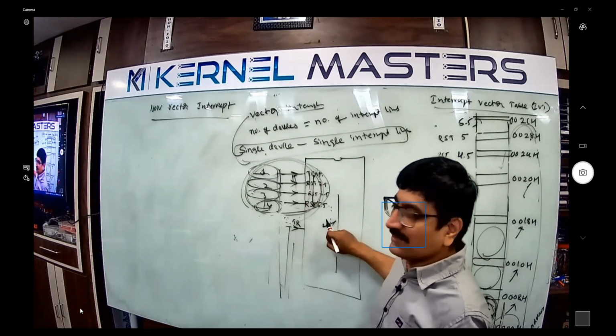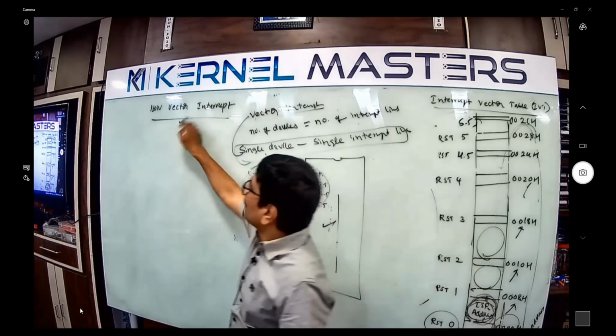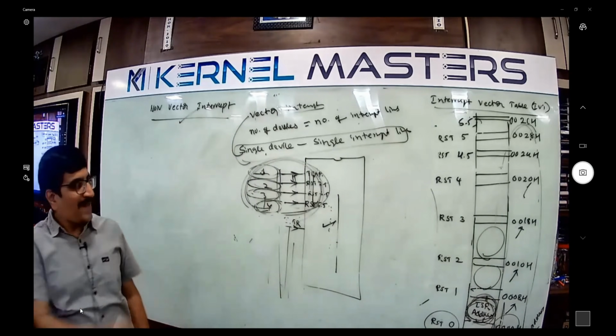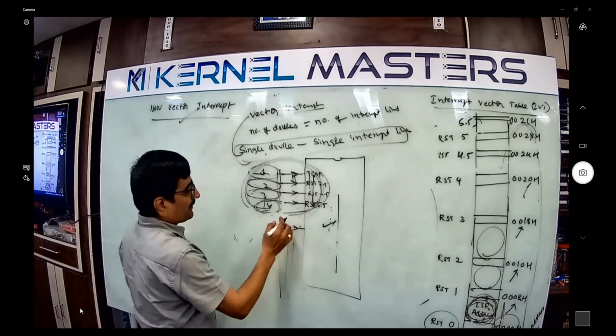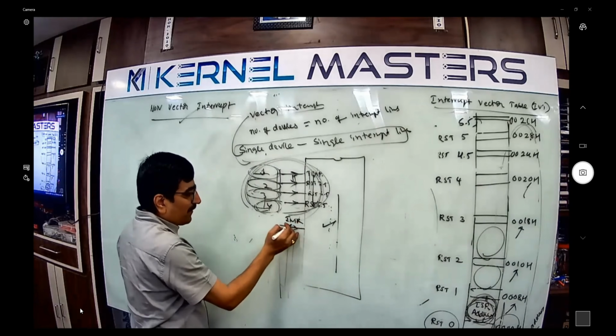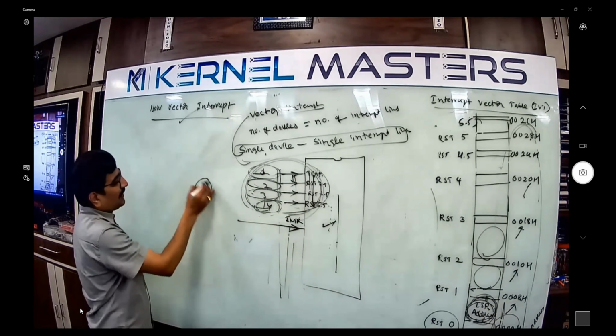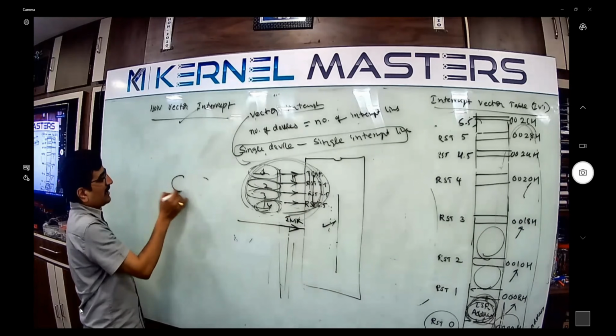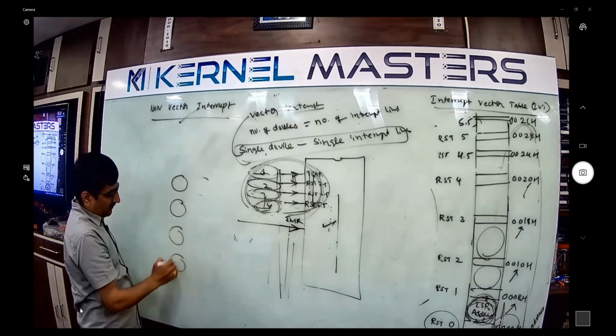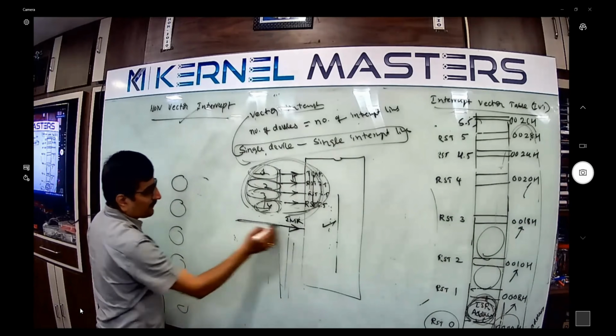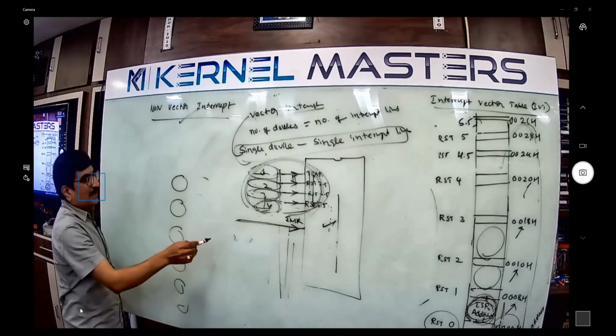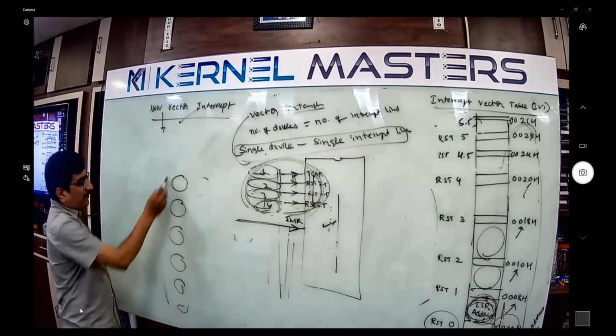To avoid the burden on the microprocessor, the non-vector interrupt comes into the picture. What is non-vector? Only one line. Multiple devices can be connected now, no problem: device 1, device 2, device 3, any number of devices, but only one line. So what is the non-vector methodology?